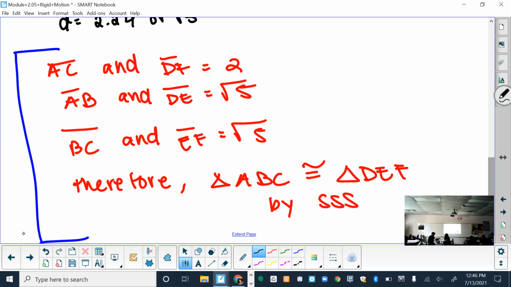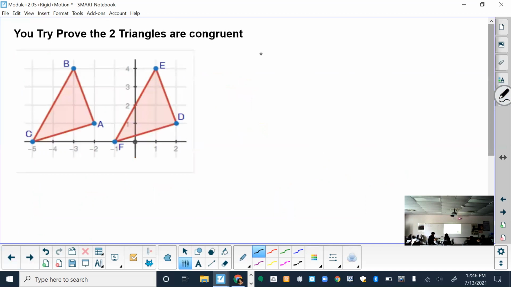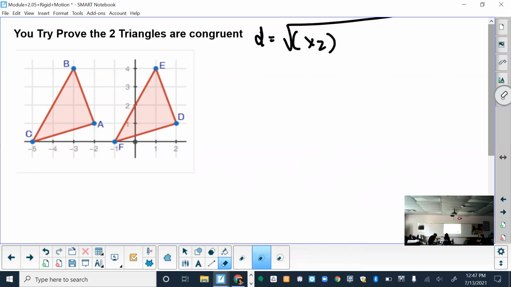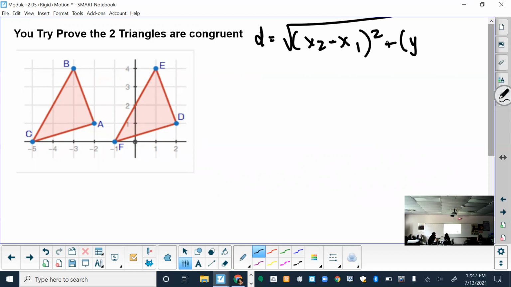All right, so next one, example 2. We're going to prove that these triangles are congruent, and you guys are actually going to prove it on your own paper, so you try problem. You will have to use the distance formula. So here it is in case you need a reminder: x2 minus x1 squared plus y2 minus y1 squared.